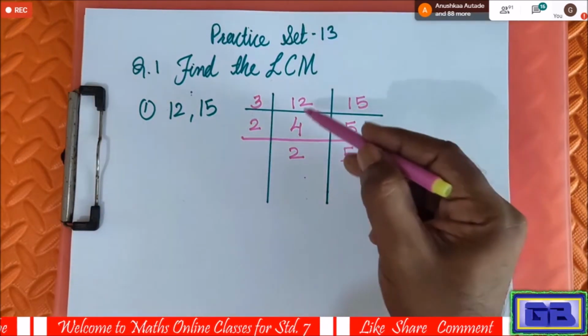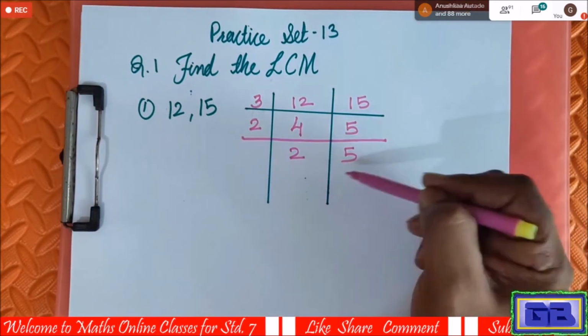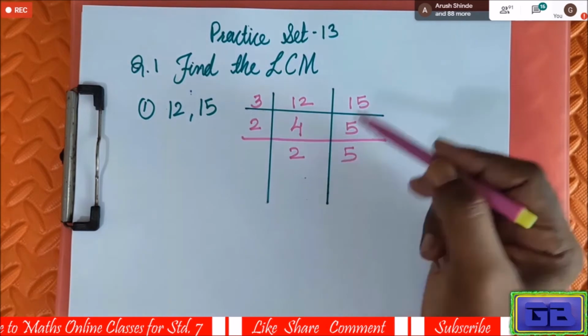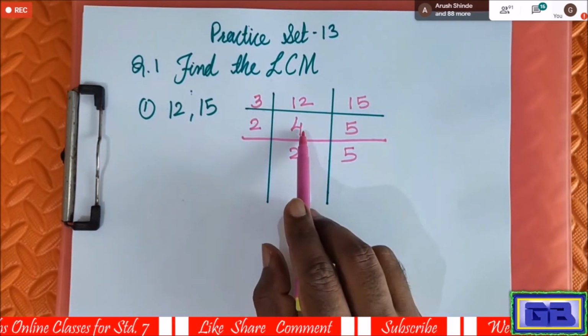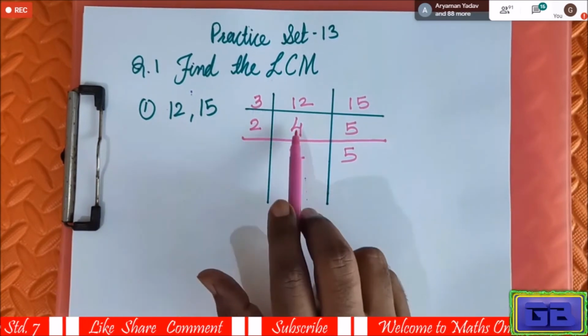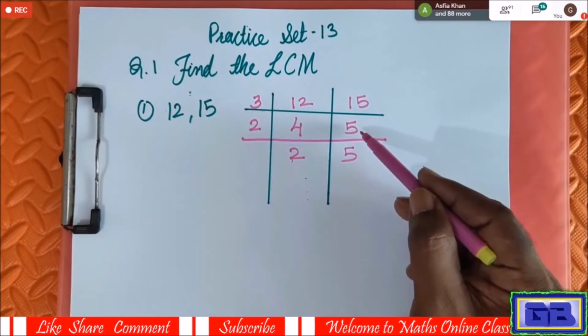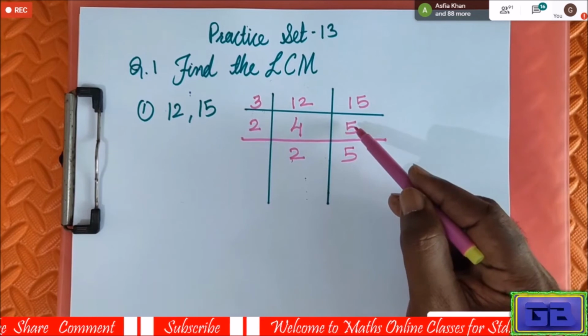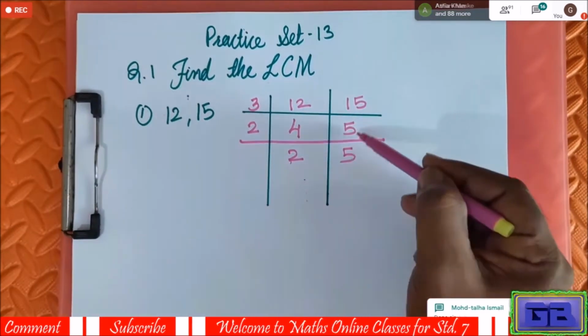We have to keep solving till we get the prime numbers. Here there was a composite number which was divisible by 2, therefore we have divided here. So 2 2s are 4, but 5 was already a prime number, so don't make any change. We have to take it as it is down here.